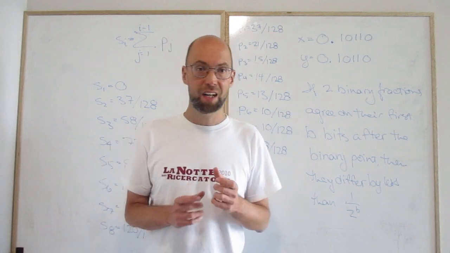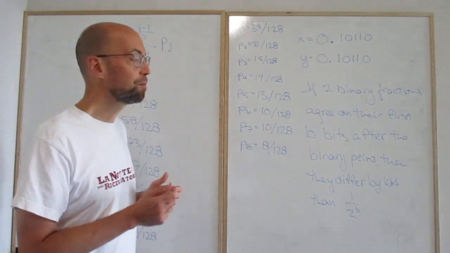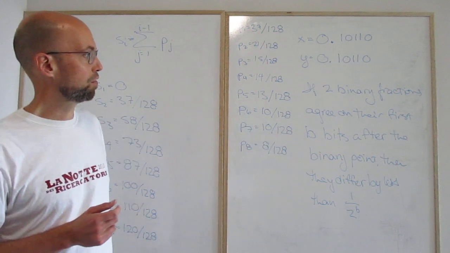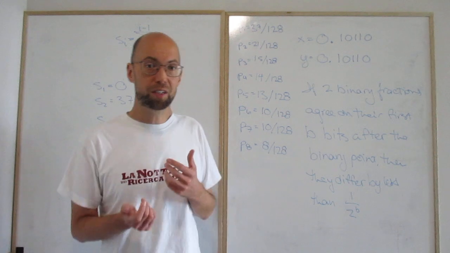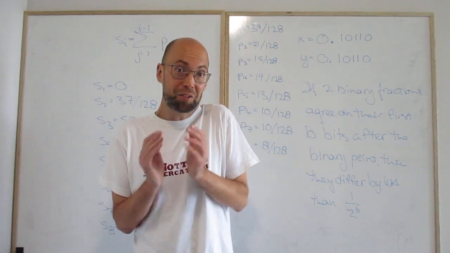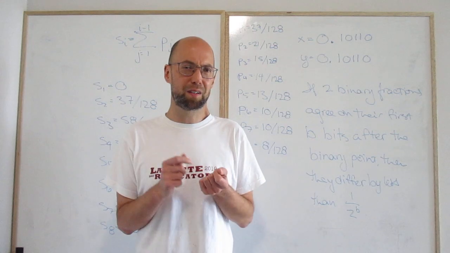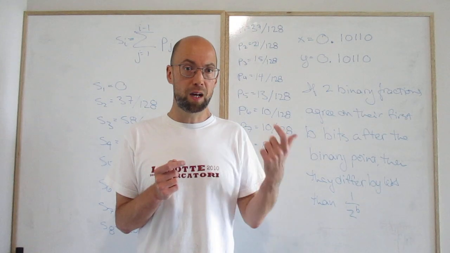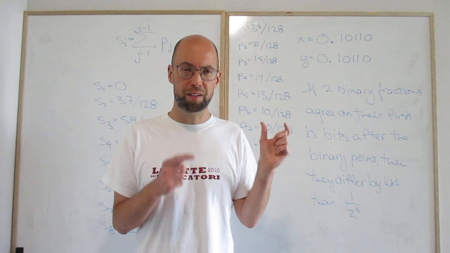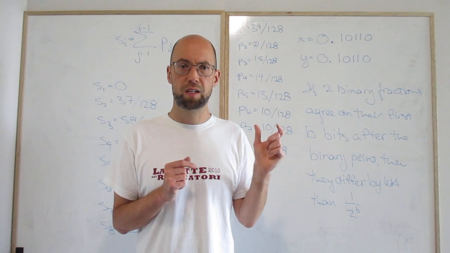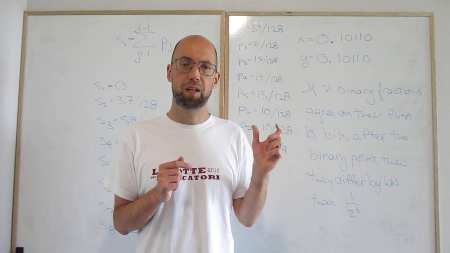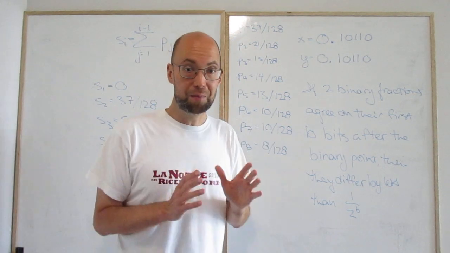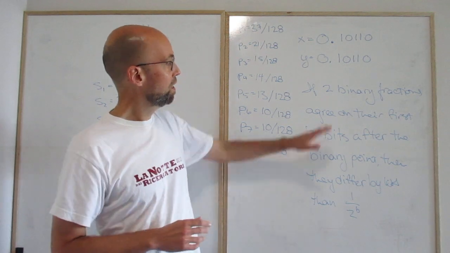So if they differ by d, then I think, if you flip this around, I get the floors and ceilings mixed up, but they can only agree on their first floor log d bits. I'll have to think of it. We'll see this. It's right in the course notes, I hope.